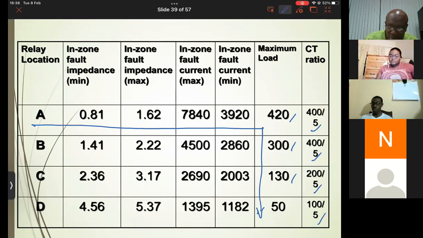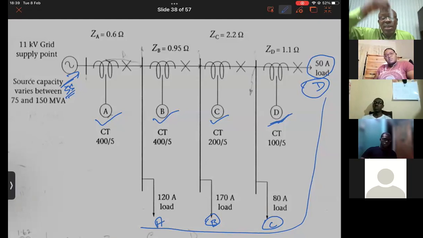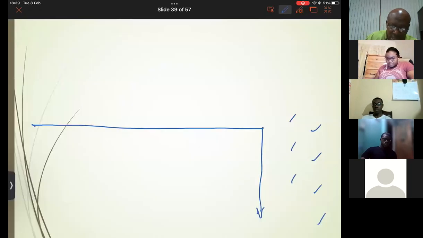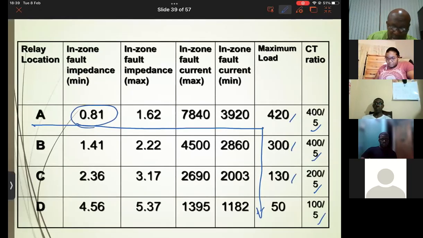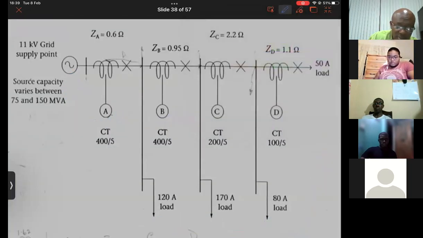So if we now go back to our network, remember the minimum in-zone fault. When we speak of minimum in-zone fault, the best way of thinking about it is what is the circumstance immediately in front of the relay. So when we calculated this 0.81, the relay was situated at this point.